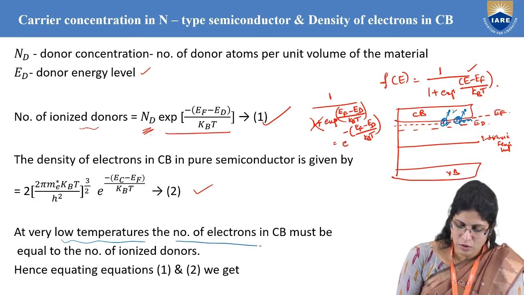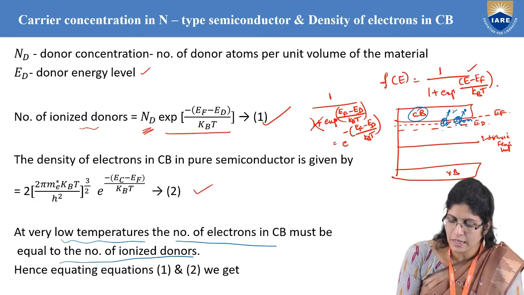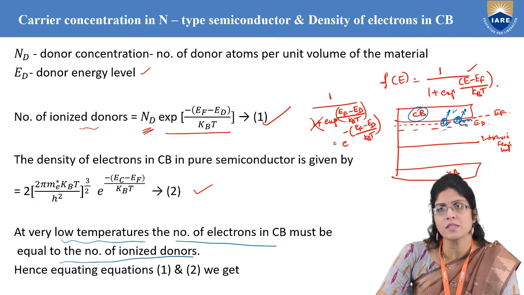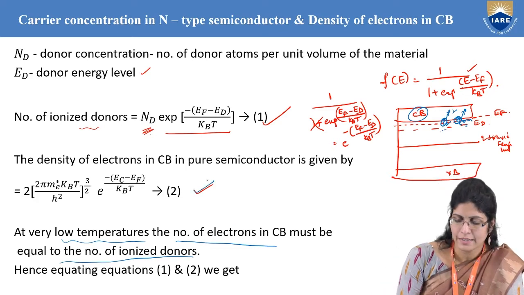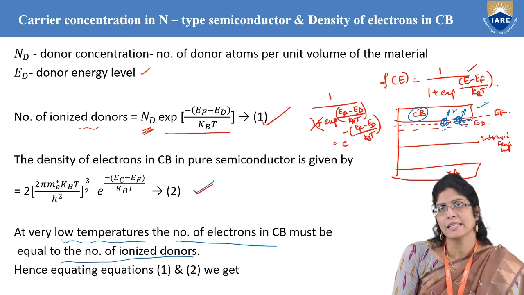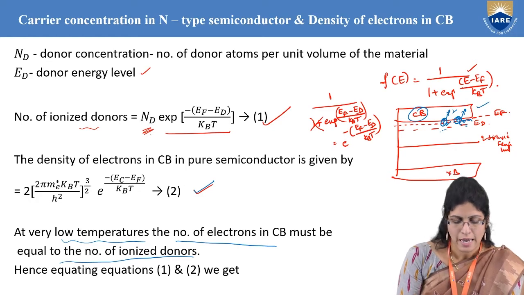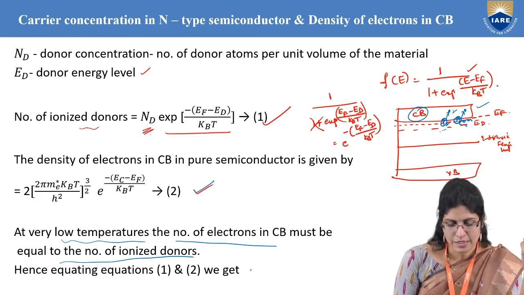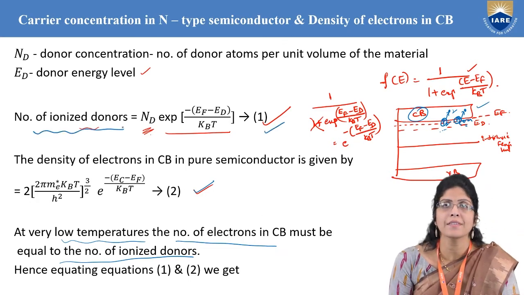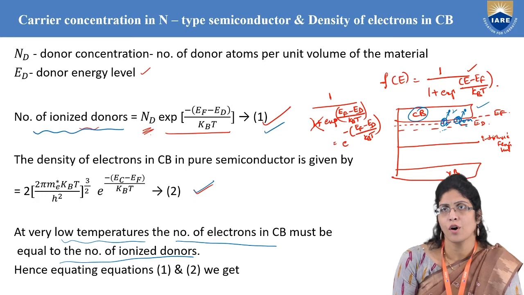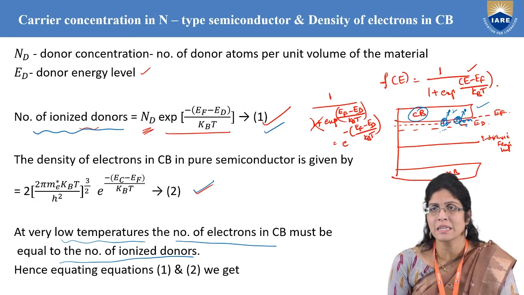So the number of electrons in the conduction band must be equal to the number of ionized donors, which are the phosphorus ions. That's the reason I have taken the number of electrons already calculated in my previous video lectures, and now I can equate it to the number of ionized donors, which I have as the product of the probability and the number of donor atoms per unit volume of the material.